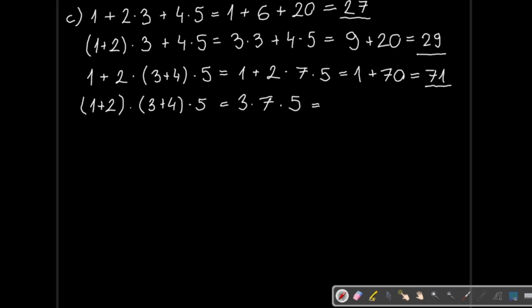But these 2 numbers in general are not difficult to multiply. Okay, let's multiply 3 and 7 first. That gives us 21. And 21 times 5. Now that should be 105, I believe.